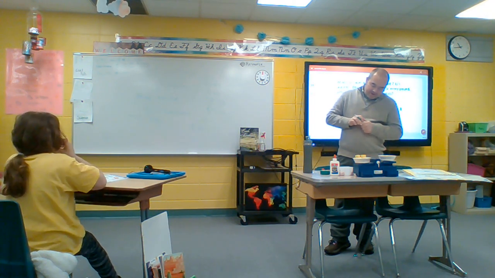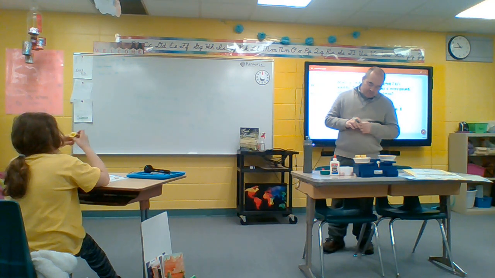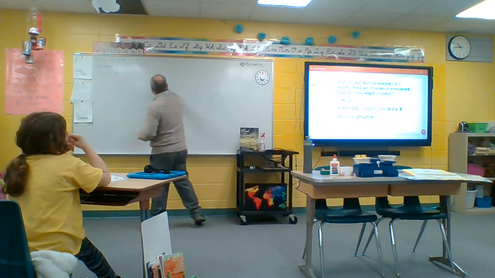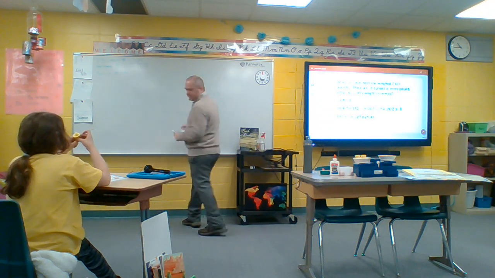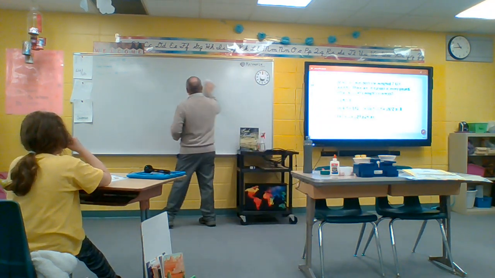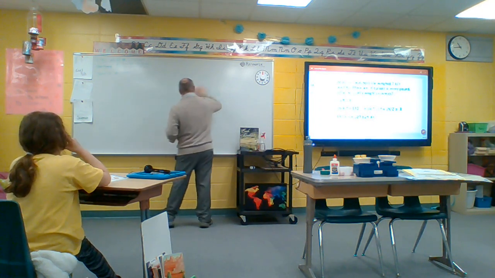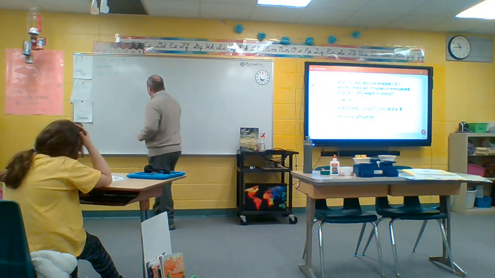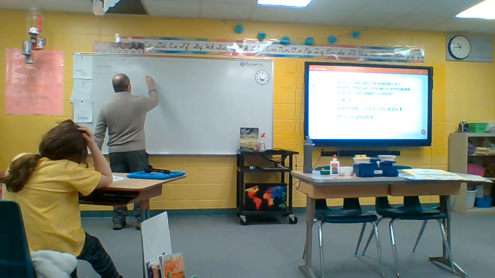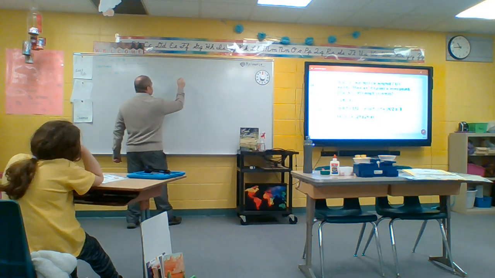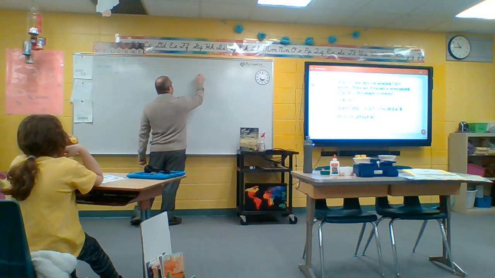So let's look at number 6. It says 7 tons equals how many pounds? Now, how many pounds are in 1 ton? There's 2,000 pounds equals 1 ton.